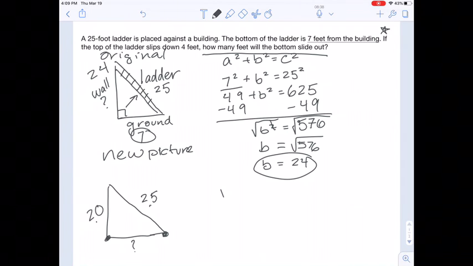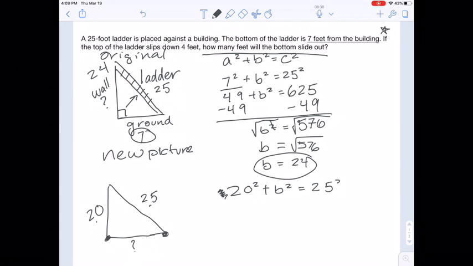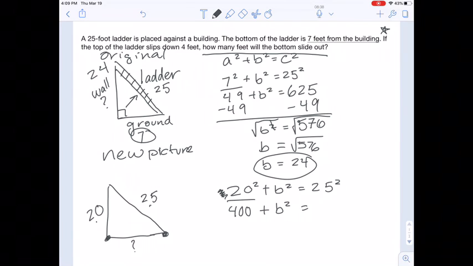So let's get to doing our math. So we get 20 squared plus b squared equals 25 squared. So 20 squared, 20 times 20, we get 400, plus b squared equals, and we already figured out what 25 squared was in the beginning part of this problem.